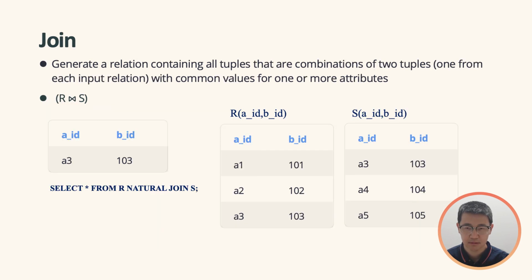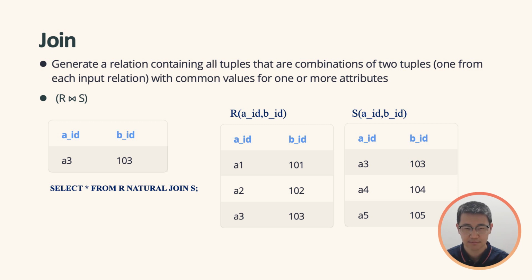And finally, there is a join operation, where we talk about joins. What we are referring to is typically the natural join. A natural join actually creates a relationship of tuples from each combination of input relations that share common attribute values.